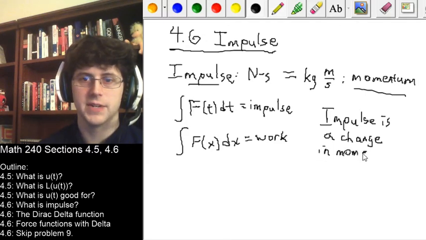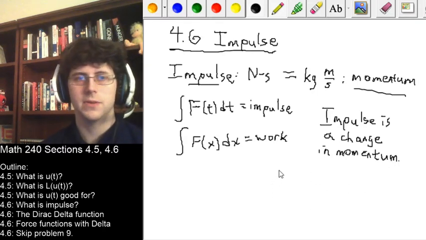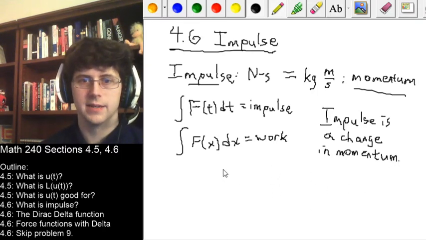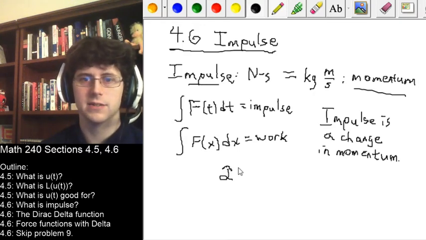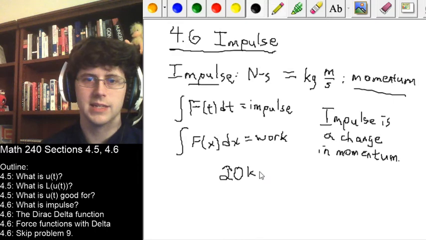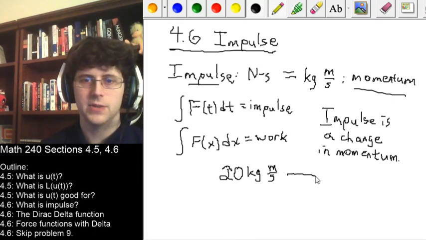If you're trying to use the fact that the units are equal here, say you have an object that's a 10 kilogram object and it's moving 2 meters per second. So you've got 20 kilogram meters per second of momentum, and then you hit it with a hammer and it makes it go faster.